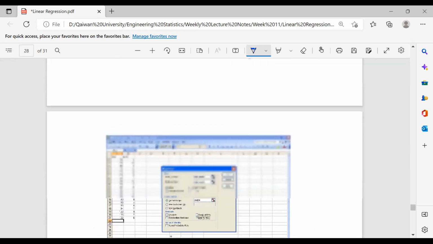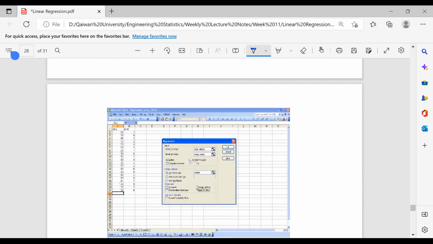And these are the Excel ones. If you want to use an Excel sheet in solving these examples, let me take an Excel sheet. Let's write down some data. Let's see, 1, 3, 2.